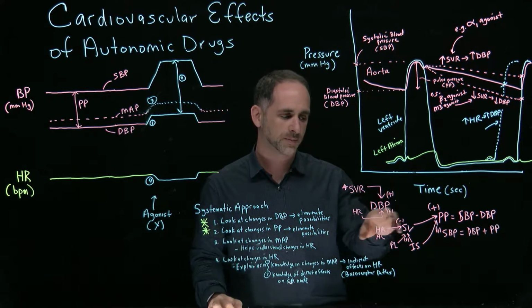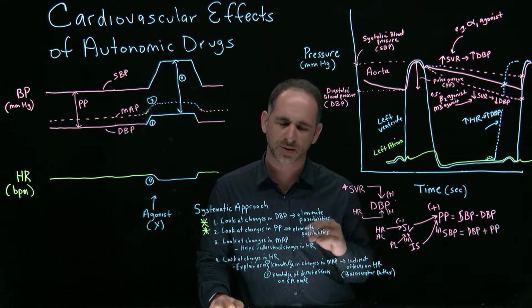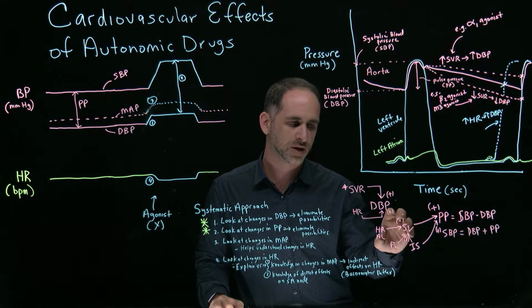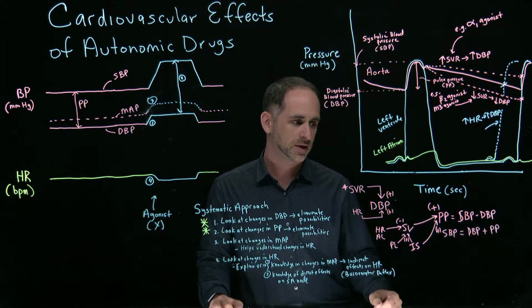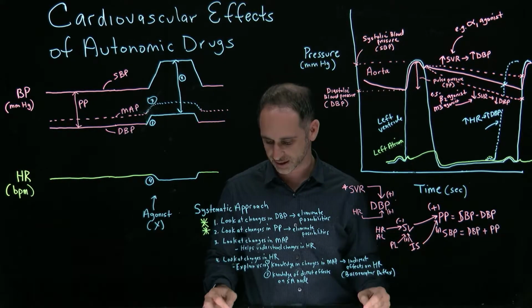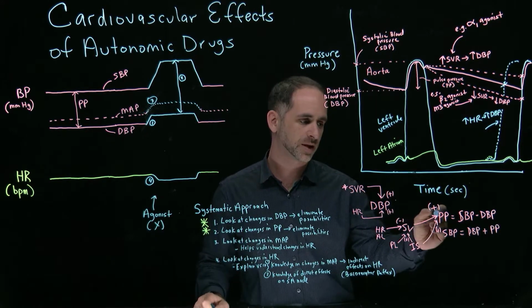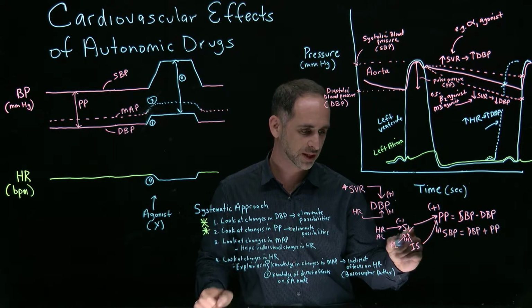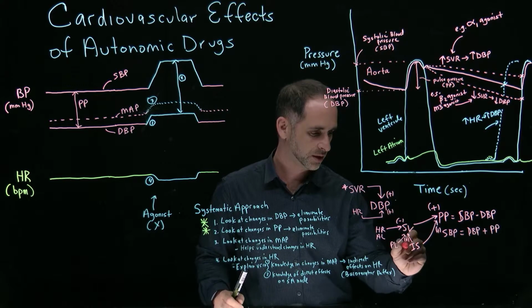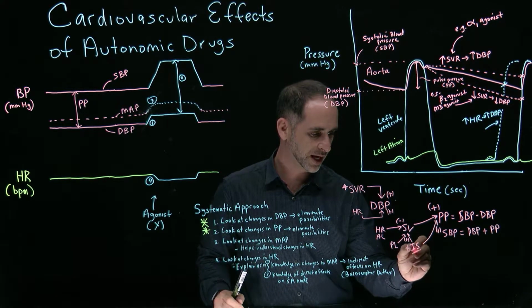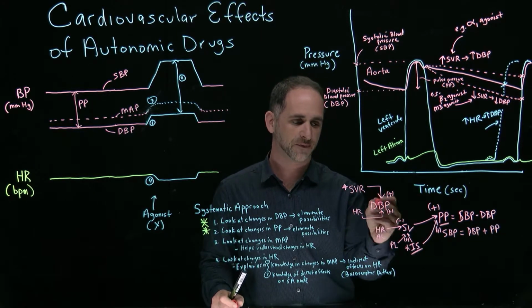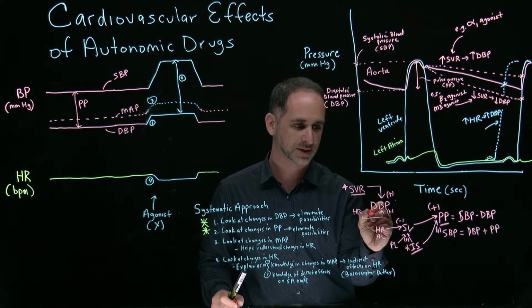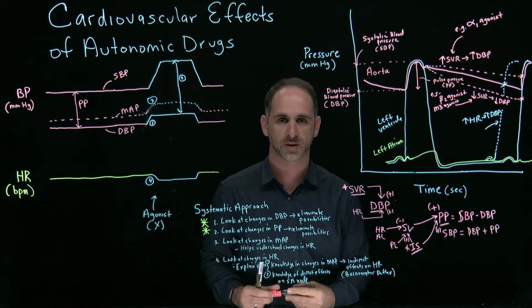And so to keep things simple, and this mostly works, you can mostly ignore effects on stroke volume, and you can just put your eye towards the inotropic effect. So when we're considering the pulse pressure, it's really the inotropic state that we think about. And again, for the diastolic pressure, it's really the systemic vascular resistance that is the key thing to focus on there.